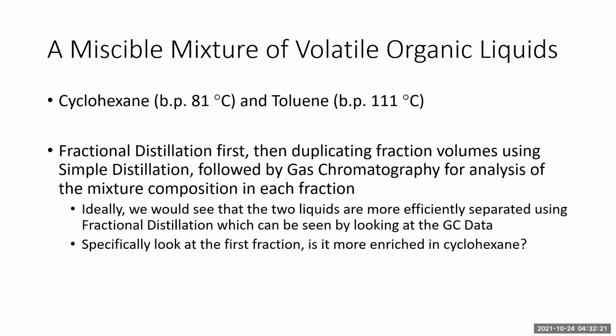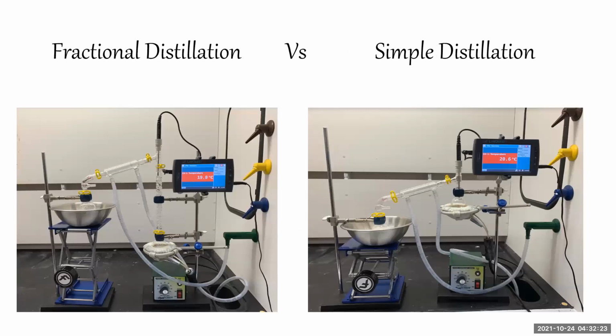So here's a picture of the setup of a fractional distillation versus a simple distillation. And you can see that the difference is primarily in the round bottom flask and its connection to the Claisen adapter. In the fractional distillation, we have a fractionating column in between those two pieces of glassware.